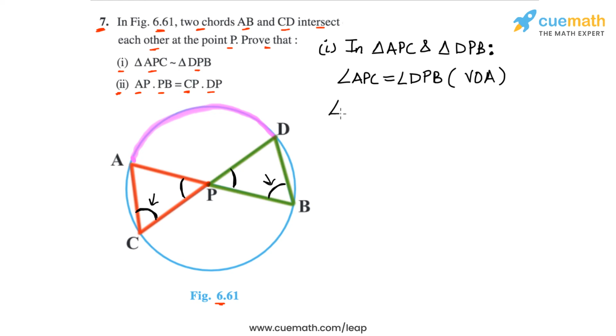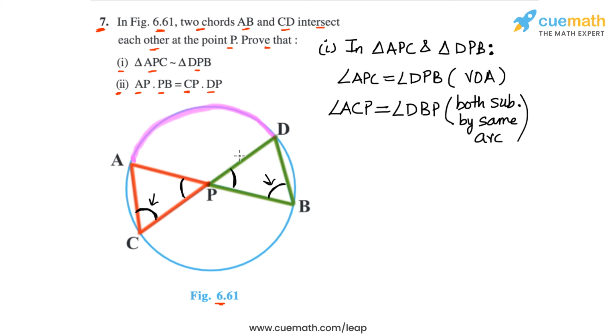And then we have angle ACP is equal to angle DBP, and this is because these two angles are both subtended by the same arc, which is the arc AD that I've highlighted.